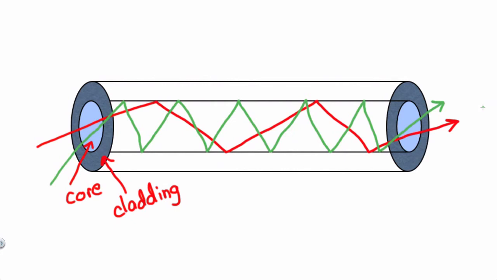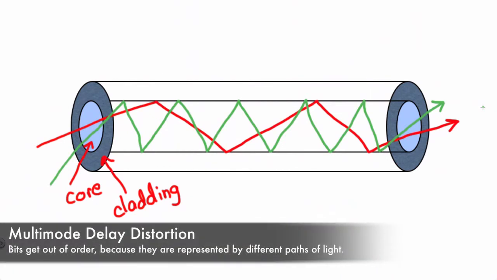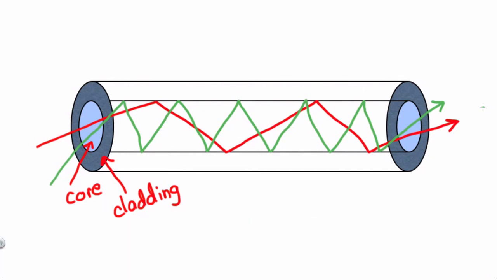The name for this is called multi-mode delay distortion. A mode is a path over which our light is going to propagate. Light is going to travel over a particular path. That's a mode. I've drawn 2 modes on screen, but we could have lots of modes with this particular fiber optic cable because the diameter is large enough to support multiple modes to be transmitted.